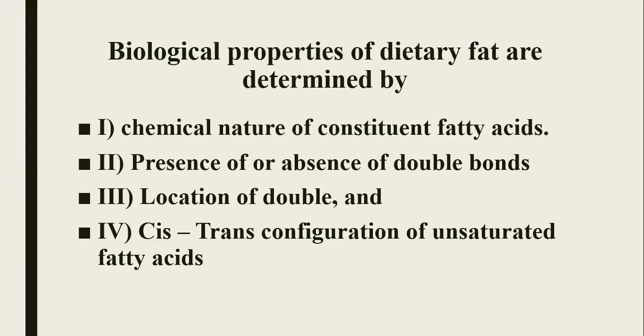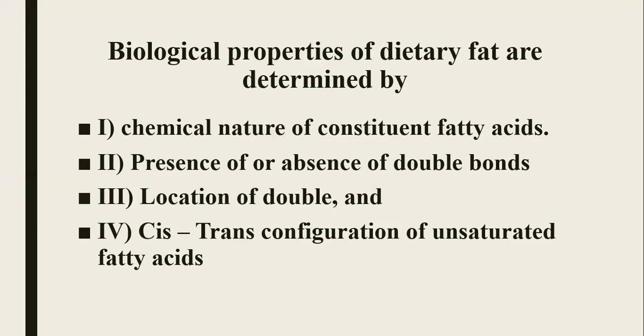Then coming to biological properties of the dietary fats. Biological properties of the dietary fats are determined by the chemical nature of the constituent fatty acid. That is, we have to see what type of fatty acids are present.